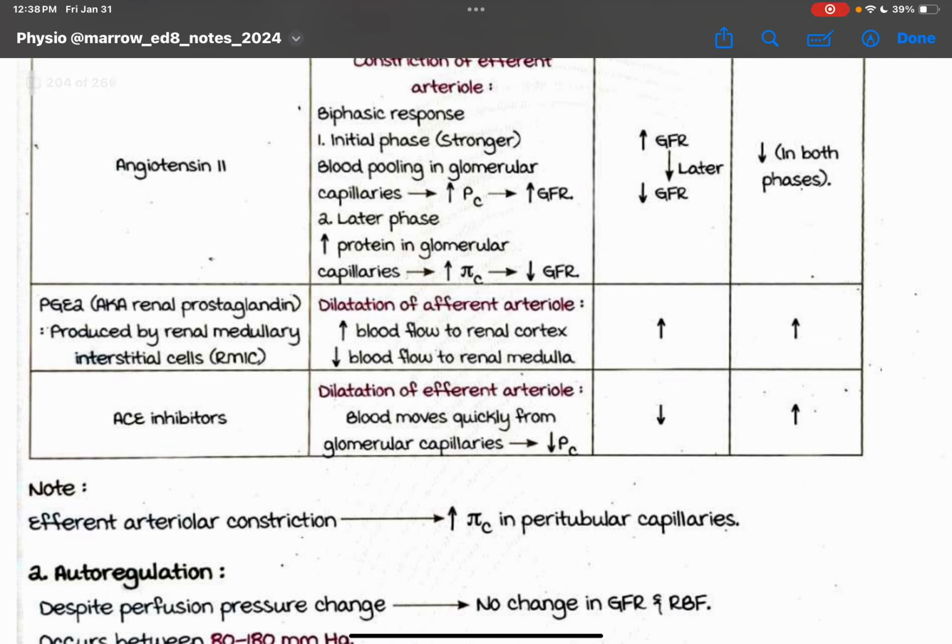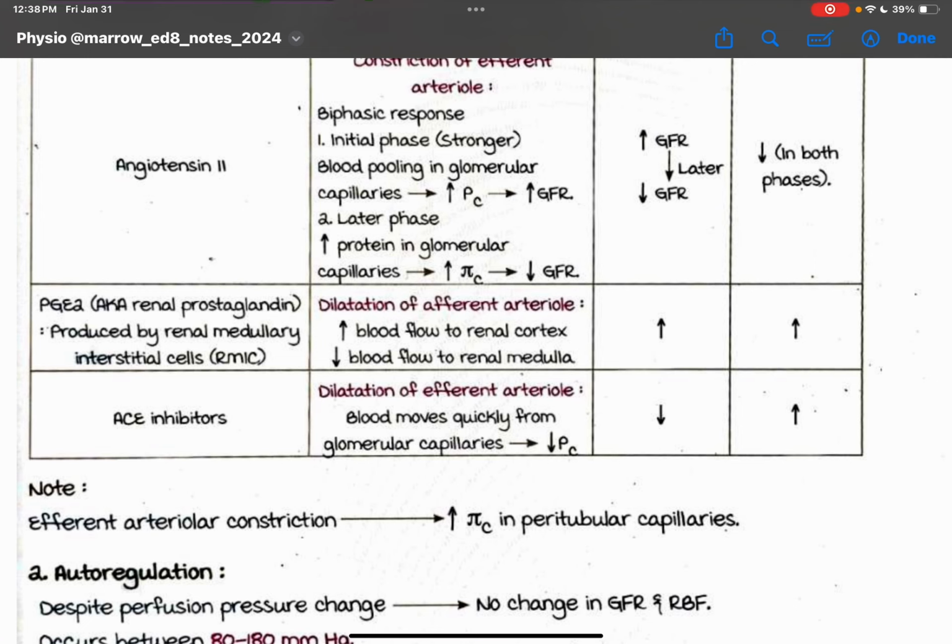PGE2, also known as renal prostaglandin, is produced by renal medullary interstitial cells. They cause dilatation of the afferent arteriole, increase blood flow to the renal cortex, and decrease blood flow to the renal medulla. Glomerular filtration rate is increased and renal blood flow is increased.